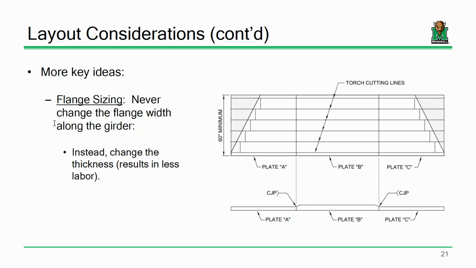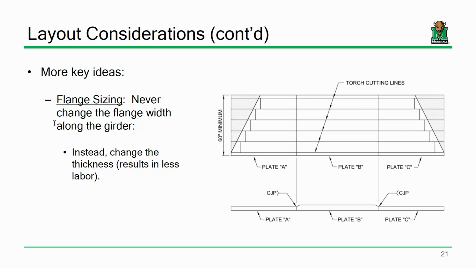Flange sizing, okay? One thing you will find when you're trying to optimize your design is that the size of the flange, more often than not, will change along the girder. That's very, very common. What I suggest to everybody in this room is that if you're changing the size of the flange along the girder, that's great. Here's the idea.